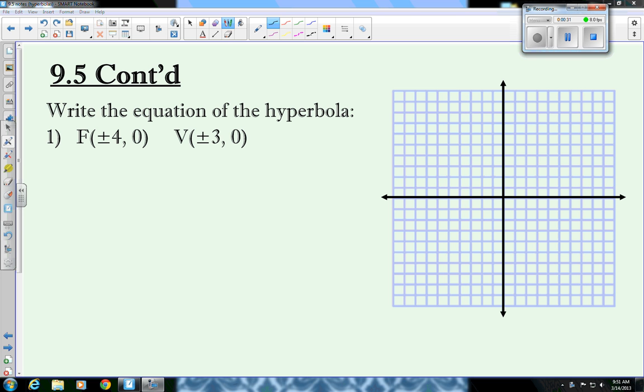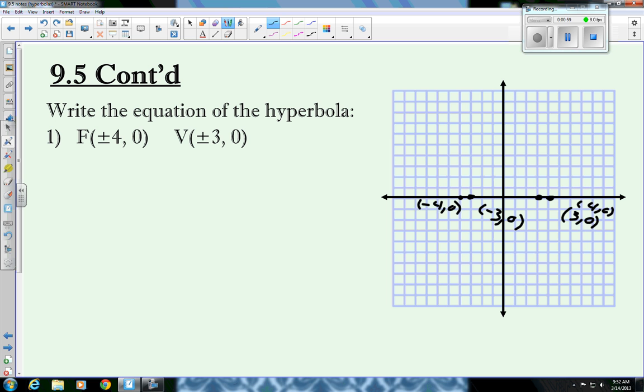So if I were to graph plus or minus 3, 0, I've got 3, 0, and negative 3, 0. And the focus at 4, 0, and negative 4, 0.